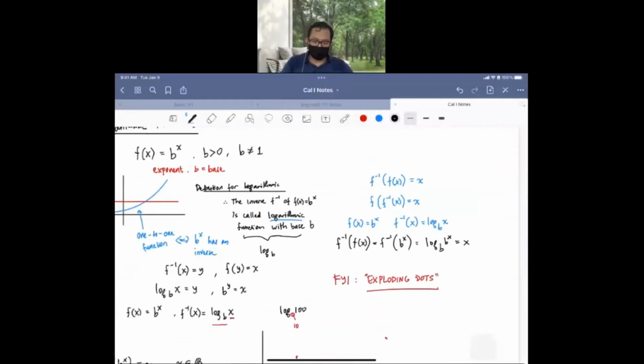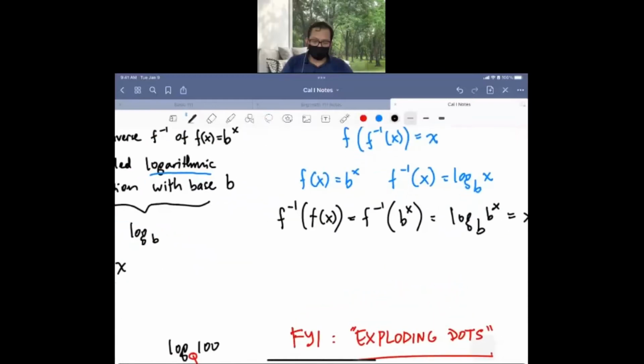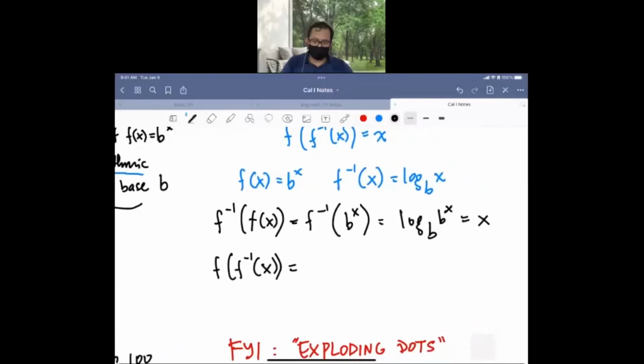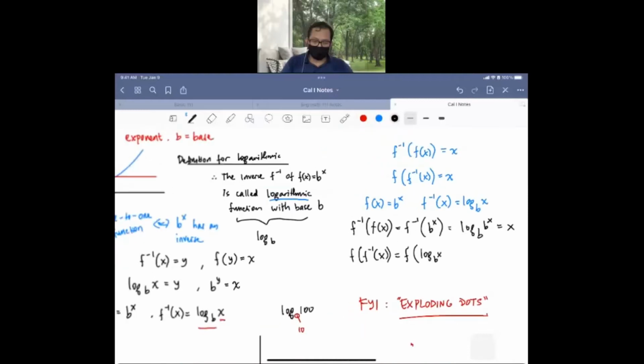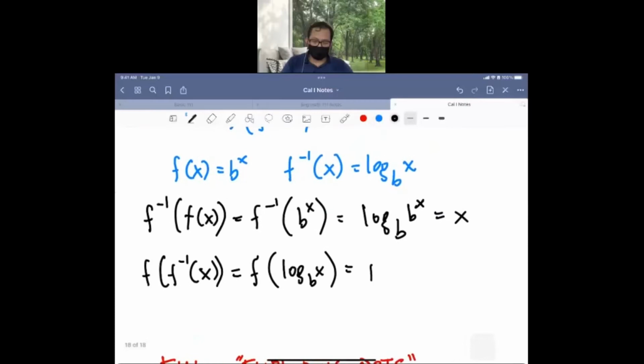The same way for the other route, f inverse, sorry. This means we need to put in this log. Is that correct? Oh yeah, it's correct. Put this inside here. I think from the inverse, we can make sure that the log itself is correct.